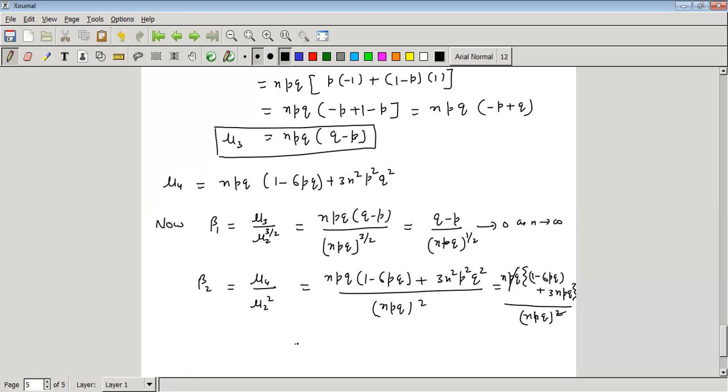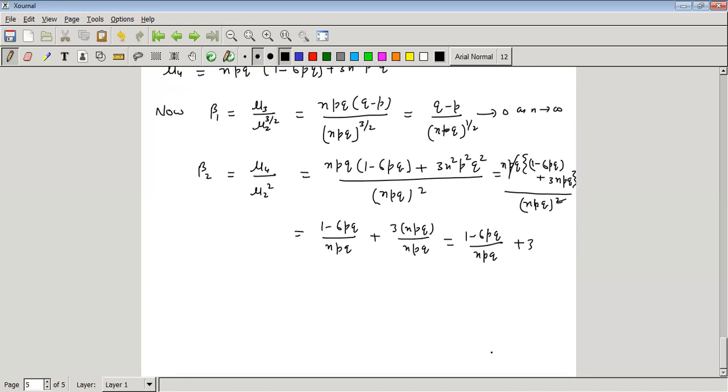Again we can write this as 1 minus 6 pq divided by npq plus 3 npq over npq. So that is equal to 1 minus 6 pq over npq plus 3. As n goes to infinity, this goes to 3.